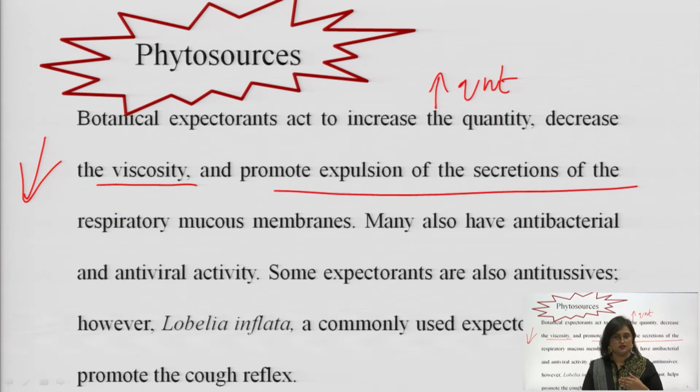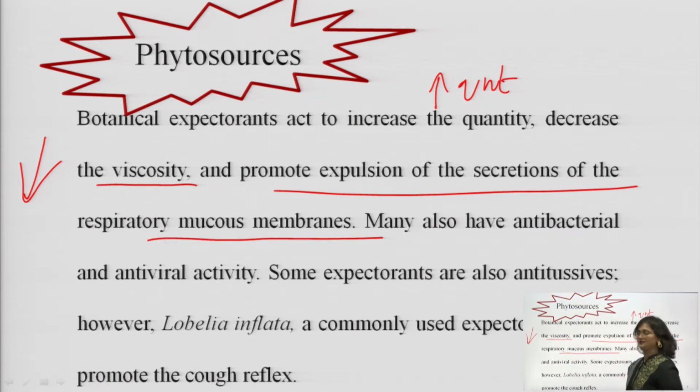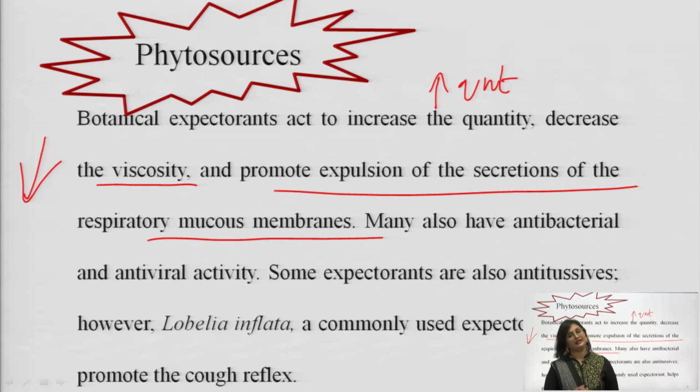They help in the removal or promote the expulsion of the secretions of the respiratory mucous membranes. Alright. Most of these phyto expectorants also have antibacterial and antiviral activity. That is, they help in the expulsion of bacteria and virus as well, or they also act as antibacterial and antiviral agents.